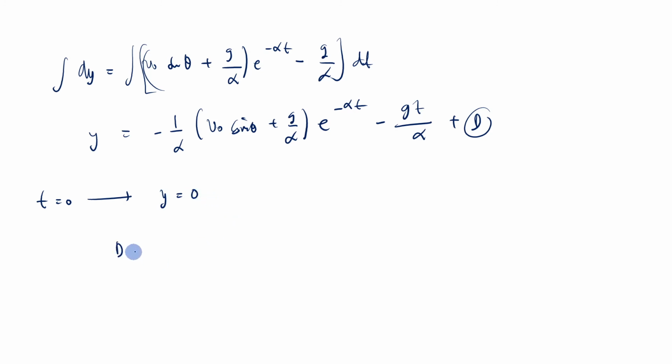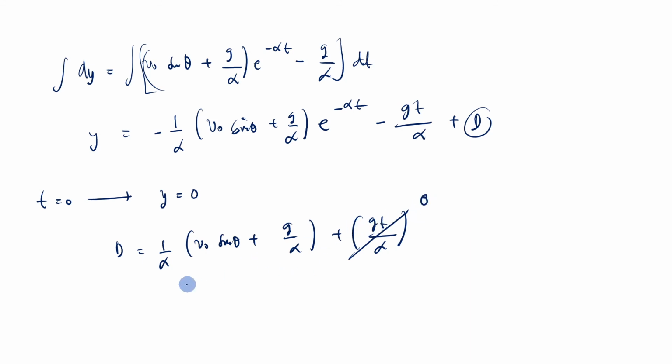So we get c equals 1 over alpha times V0 sin theta plus g divided by alpha. Of course, the gt over alpha term is 0 because t is 0. So y as a function of t is 1 over alpha times V0 sin theta plus g divided by alpha, times 1 minus e to the minus alpha t, minus gt divided by alpha.